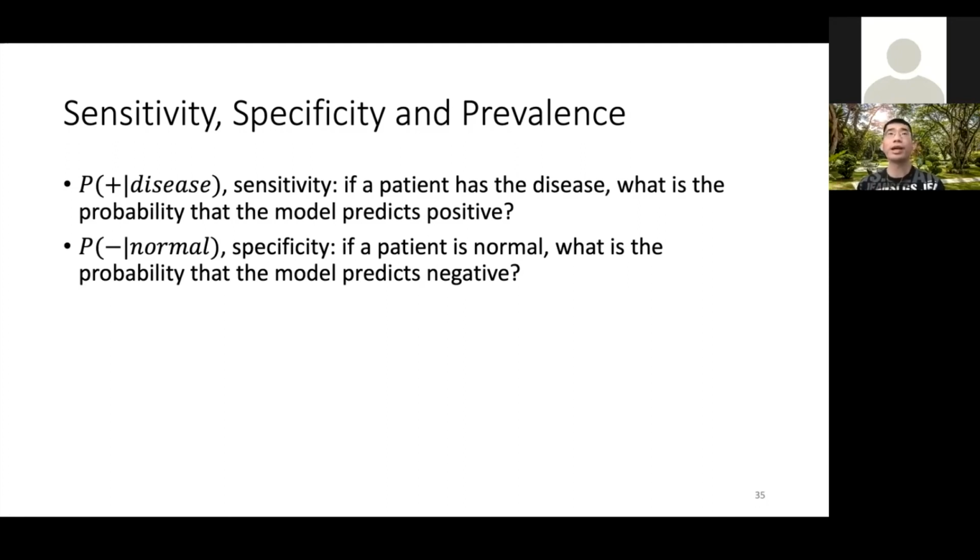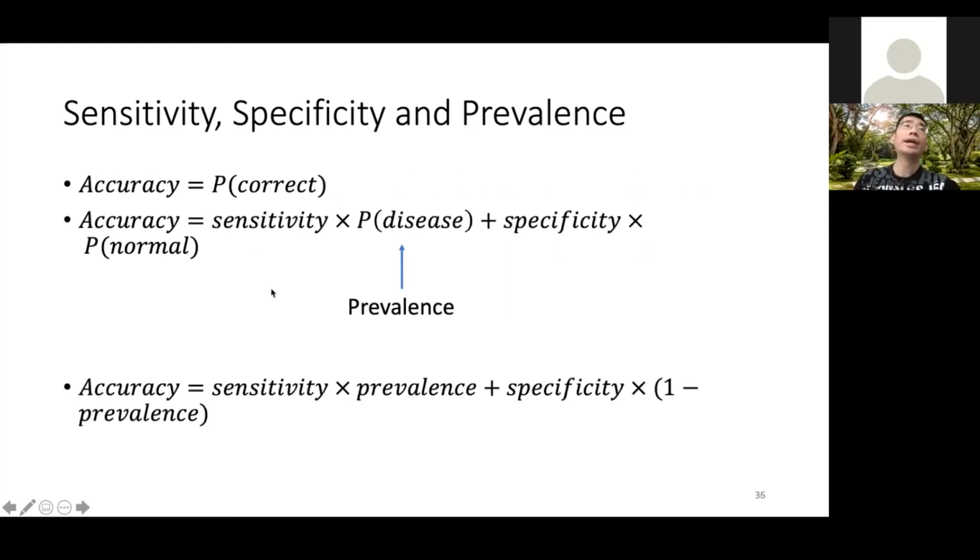Whereas specificity is the probability that the model classifies a patient as being normal given that they are normal. Thus, we have broken our global measure of accuracy down into the two useful quantities of sensitivity and specificity.